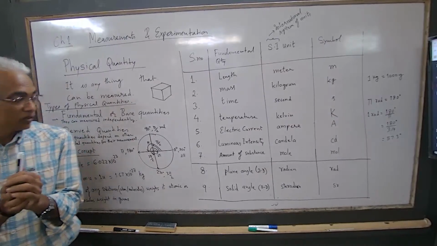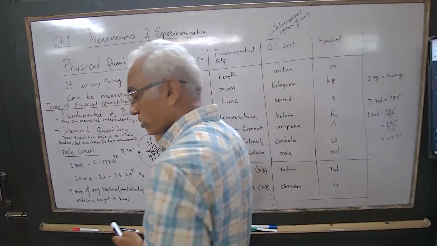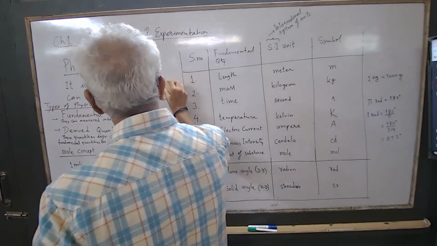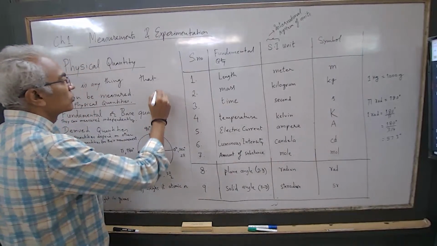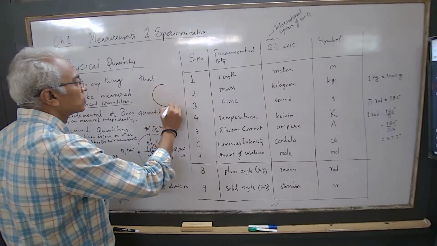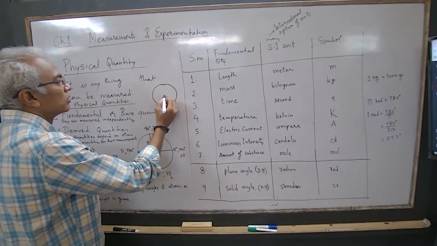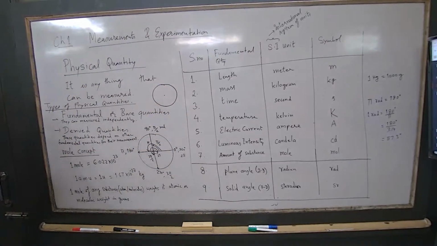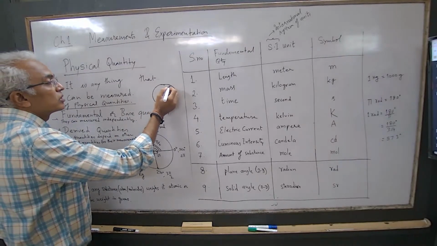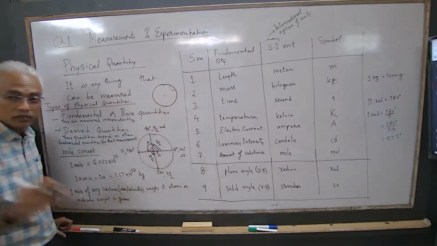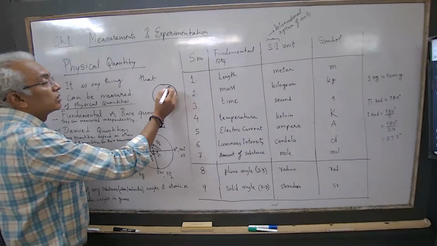It will be more clear if you take a sphere. It is possible to make a solid angle in a cube also, but it is easier to understand if you take a sphere. So consider a sphere, say a football. Draw a circle on its surface, then draw lines to its center.